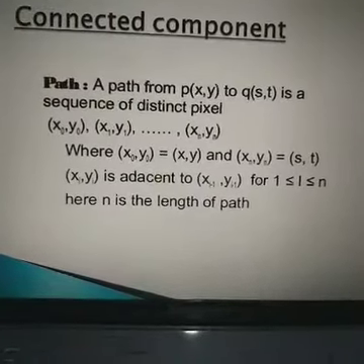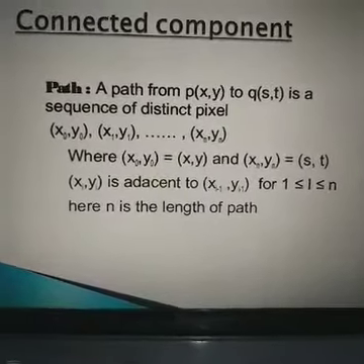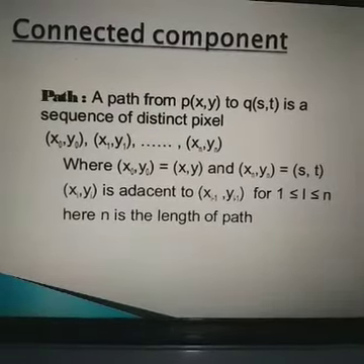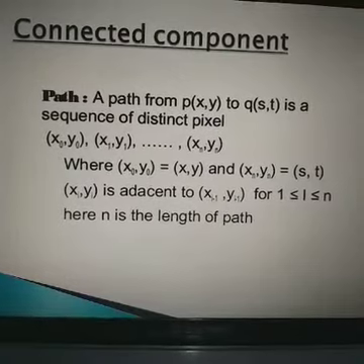Next we have the connected component, which represents the second part, or how the path is to be established. A path from P(x,y) to Q(s,t) is a sequence of distinct pixels.